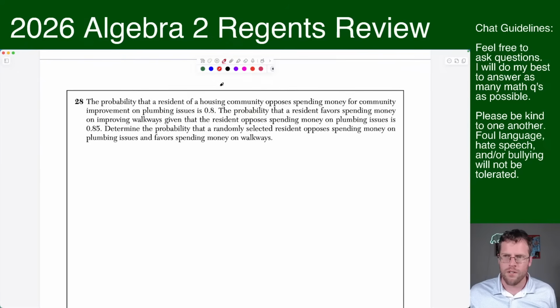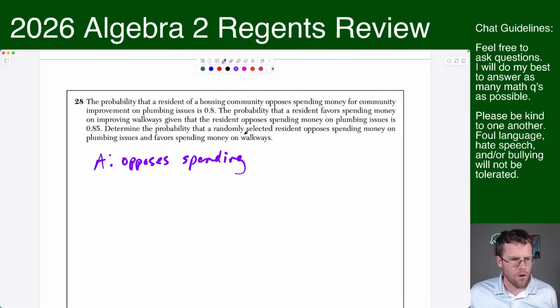I'll mention some trig stuff. That hopefully helps. Okay, so here, probability that a resident of a housing community opposes spending money for improvements on plumbing. So I'll say A is opposes spending on plumbing.